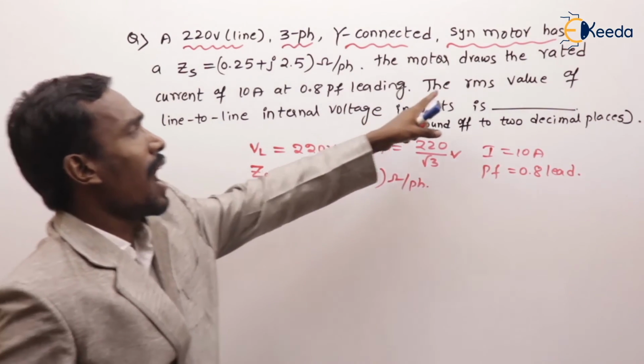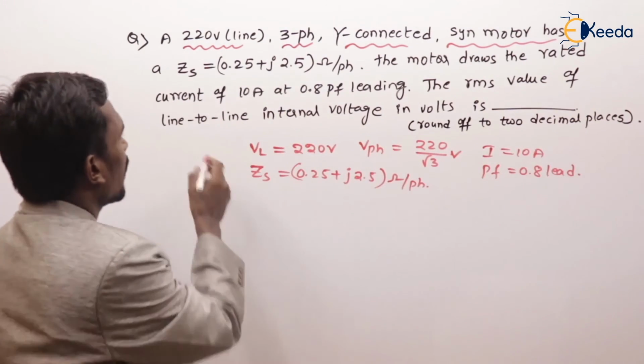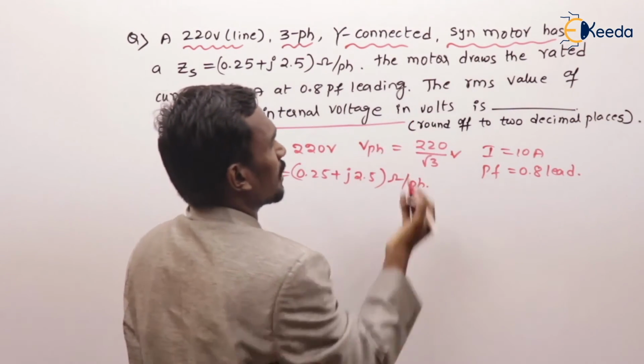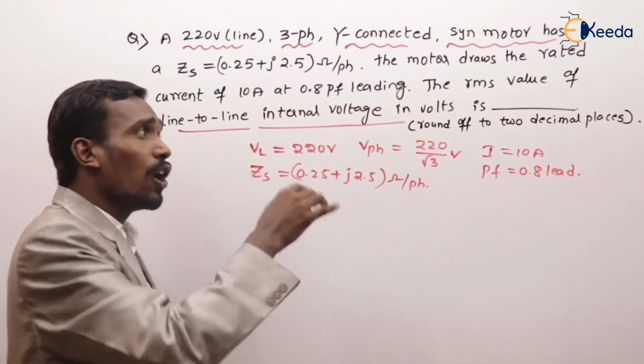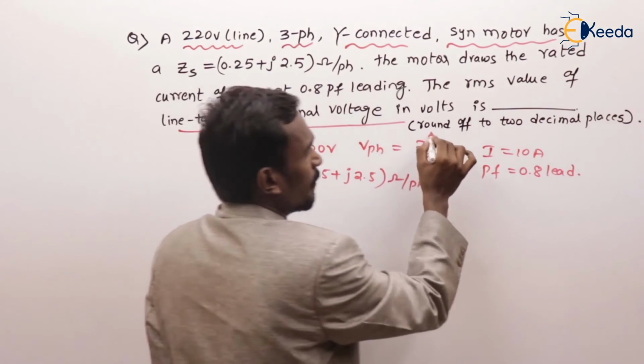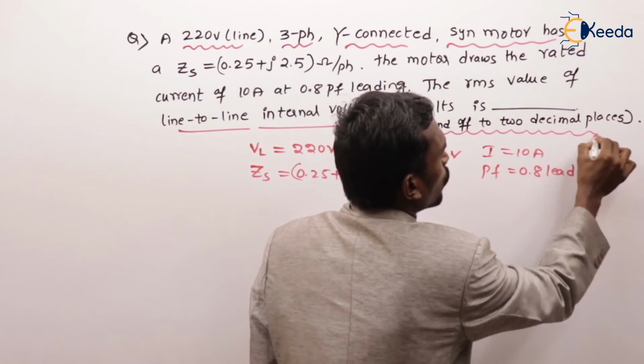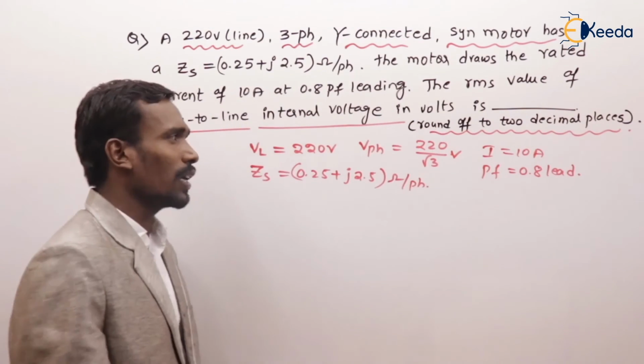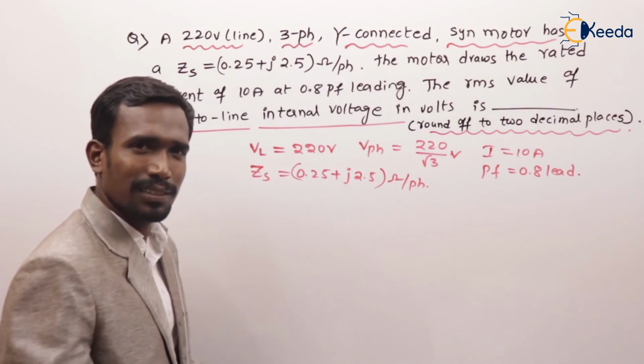Then the RMS value of the line to line internal voltage in volts is asked, rounded off to 2 decimal places.